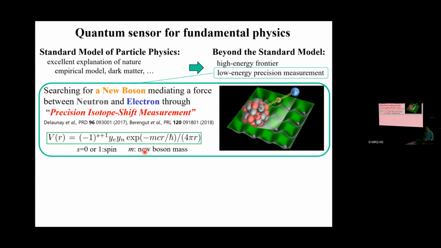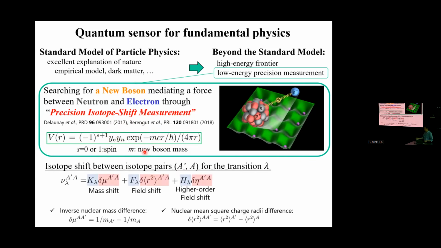In general, the isotope shift between the isotope pairs of mass number A prime and A for a specific optical transition lambda can be described like this. Here the first term is called the mass shift, related to the reduced mass.